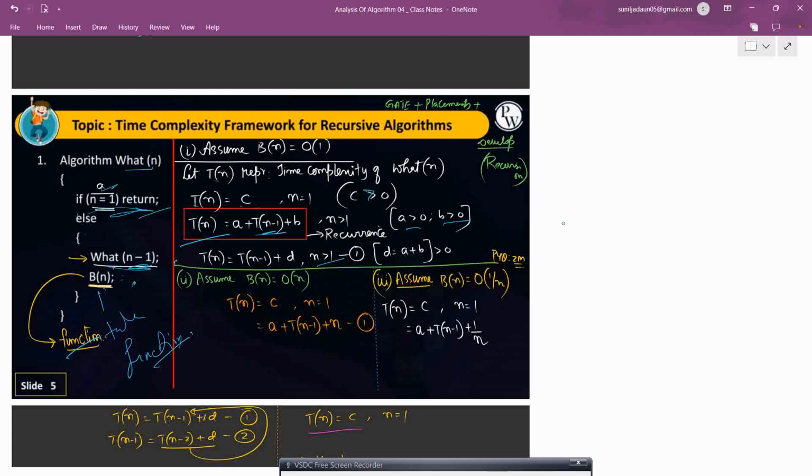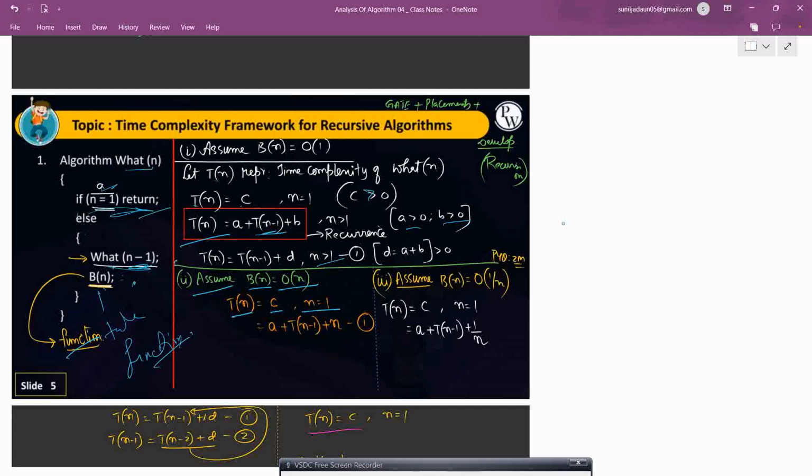So assume B(n) is equal to O of n, T(n) is equal to C when n is equal to 1. Now we will assume this is the recursive function here.